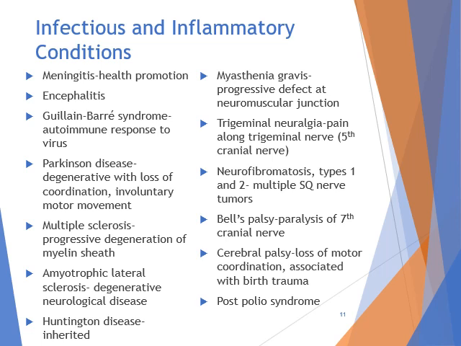So let's talk about infectious inflammatory conditions. Now I'm going to just do a quick rundown of the things we're going to be going through, and then I'll go through each one specifically. So in meningitis, I just wanted you to look at the health promotion, and that's on page 379. So patients with meningitis and those who interact with them should receive the following interventions.